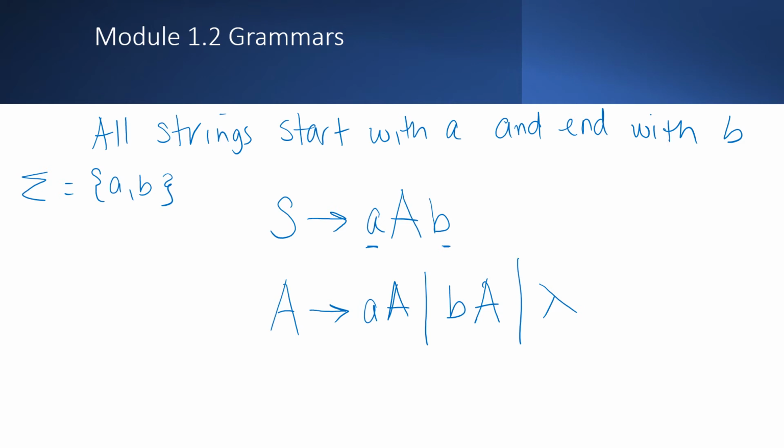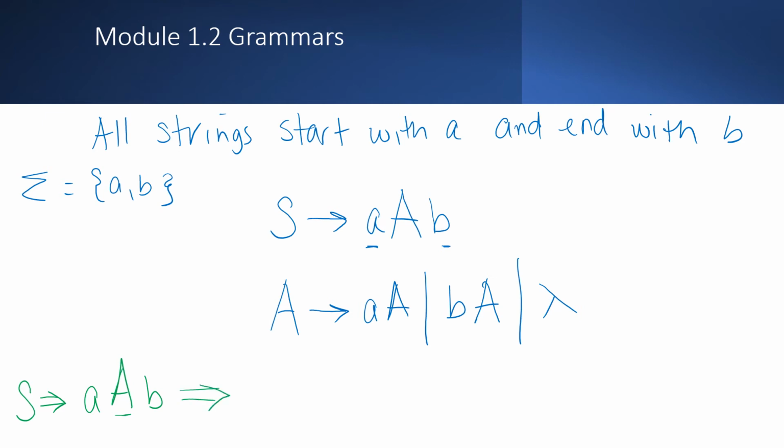So if you do a few of these productions and create some strings, the first one we would start at S, and then we could do A like this. Now of course, if we replaced A with the empty string, then we would have just the string AB.